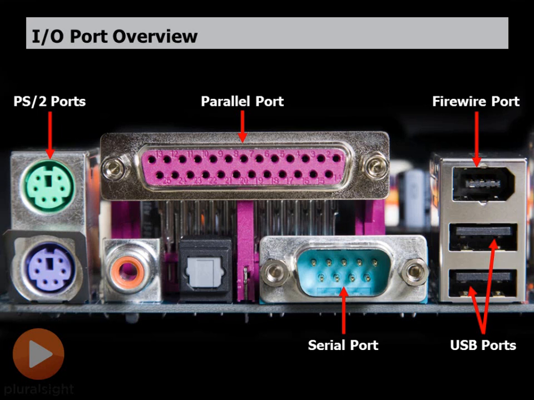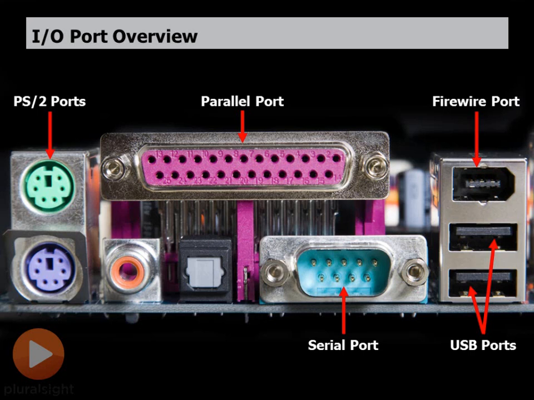And that's a big problem that a lot of people have is they'll hear that something is a male connector or a female connector or a male port and a female port, and they want to know what the difference is. Well, the parallel port would be an example of a female port, and the serial port would be the example of a male port.